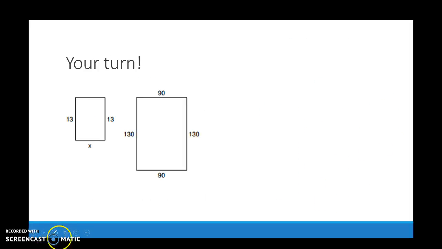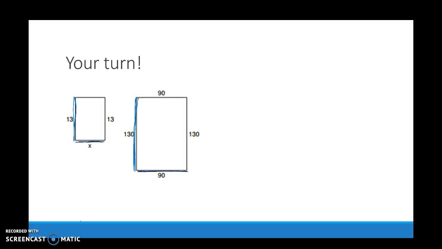All right, so your turn. Let's go ahead and make sure that we are using our colors to identify corresponding sides. Right, so x corresponds to 90, and then 13 corresponds to 130.